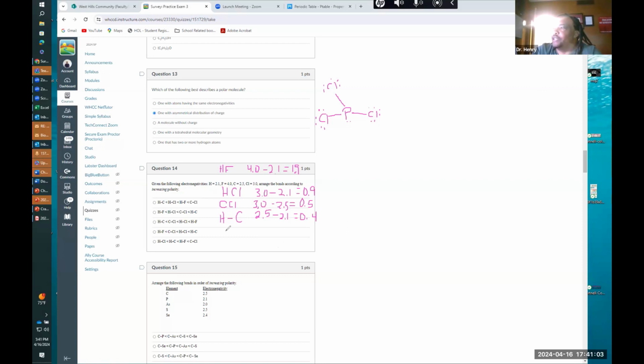So we know that this one will be our lowest. So it's going to be HC, and then CCl, and then the HCl, and then HF.